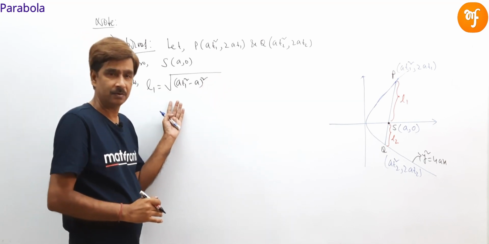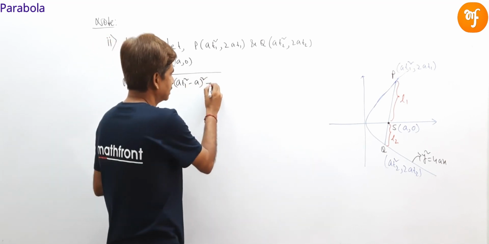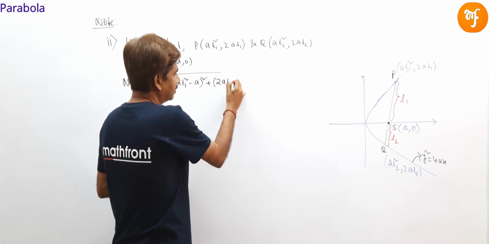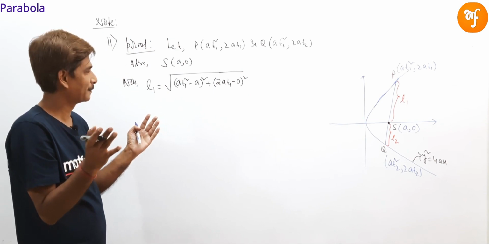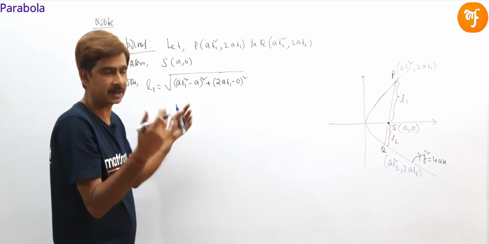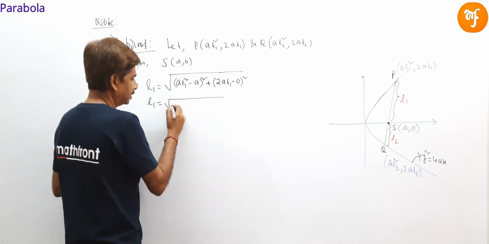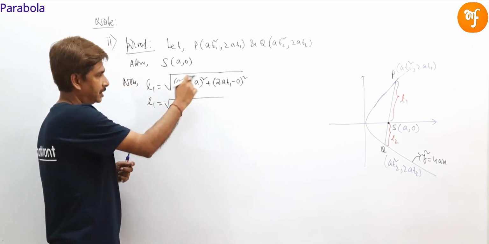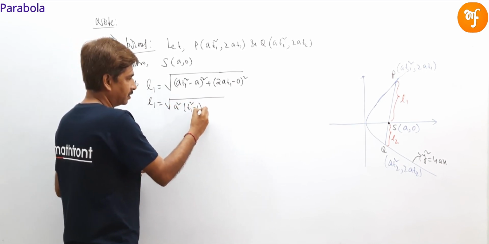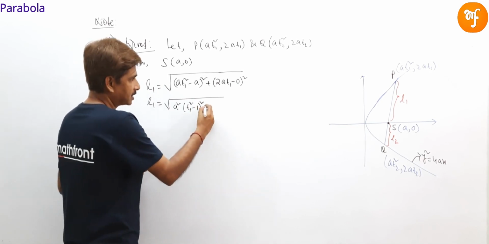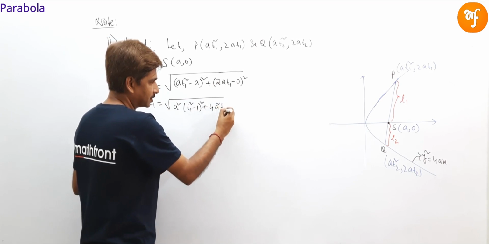Is it clear? If we simplify it, L1 is equal to square root of, taking a common so a square will be outside, a square into (t1 square minus 1) whole square plus we can write this portion as 4a square t1 square.